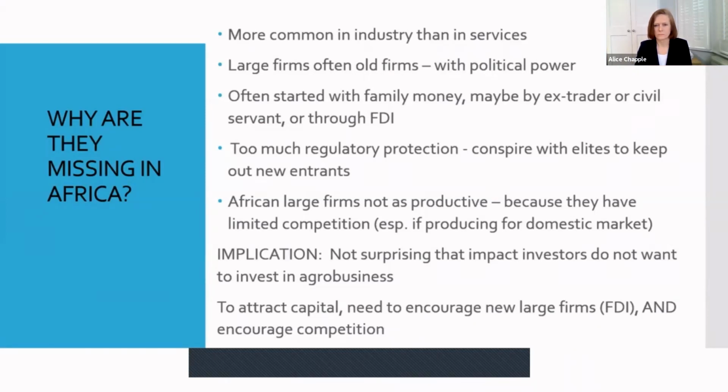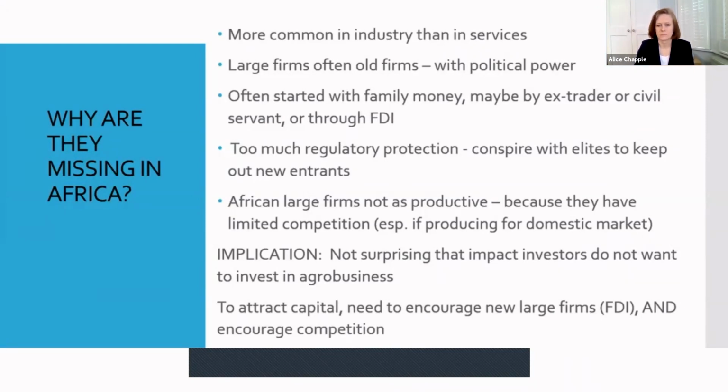So what's the implication here that maybe is worth thinking about for the agribusiness sector? It's not surprising to me that impact investors don't really want to invest in parts of the business sector because they don't want to invest in small firms that are going to fail, and they even find it hard to figure out which of these medium enterprises are going to make it and which ones are going to grow.